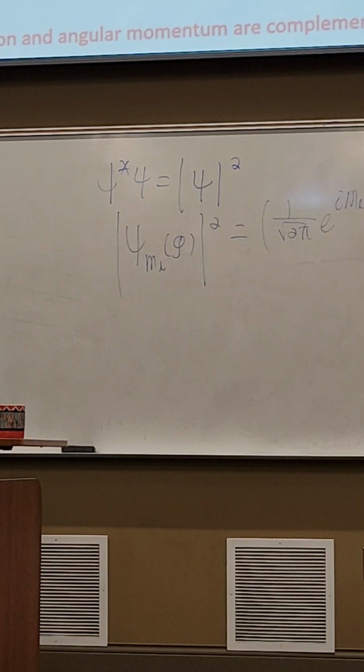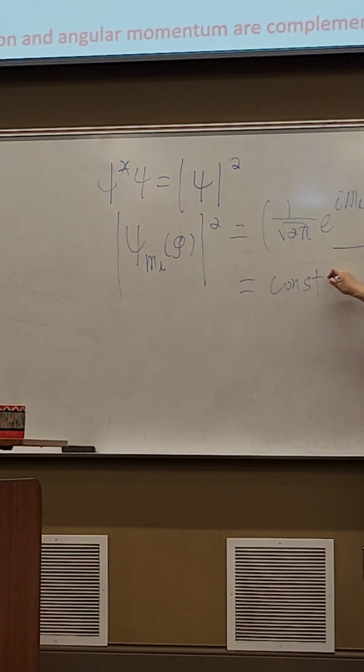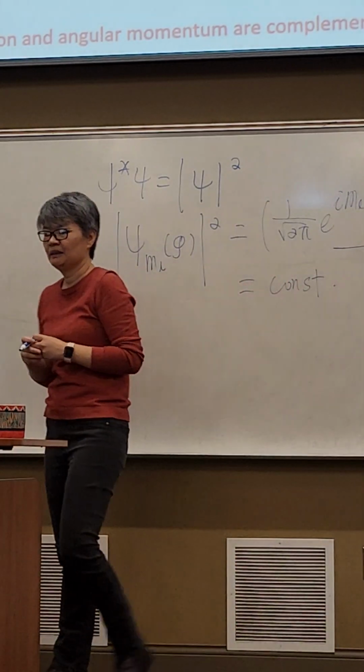All right, and then this e function and this e function will give us e sub 0, which gives us 1. So therefore, your probability density for the particle rotating on the plane equals the constant. So that doesn't depend on the position.